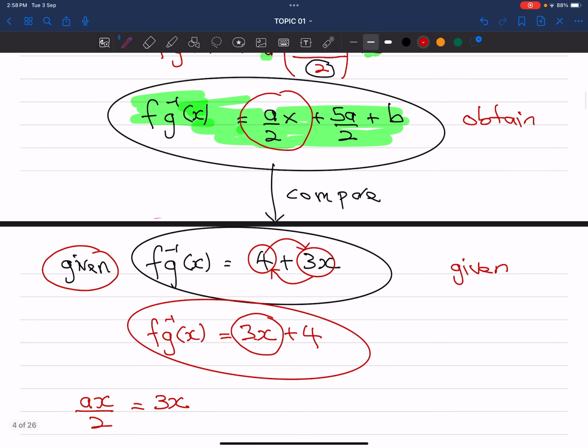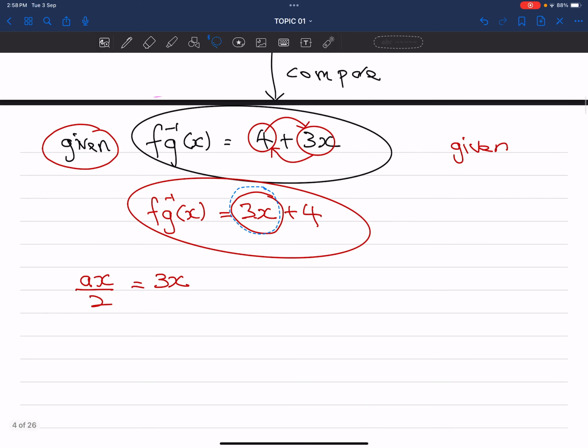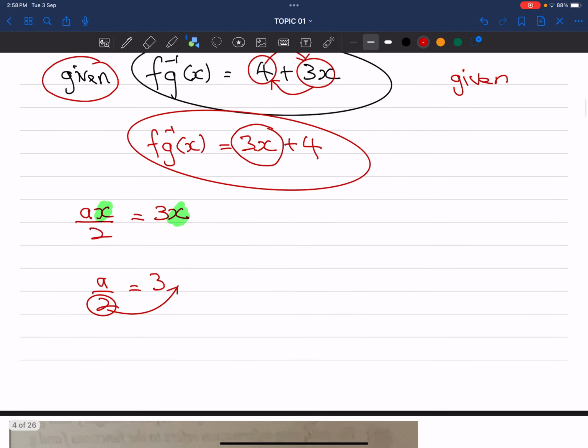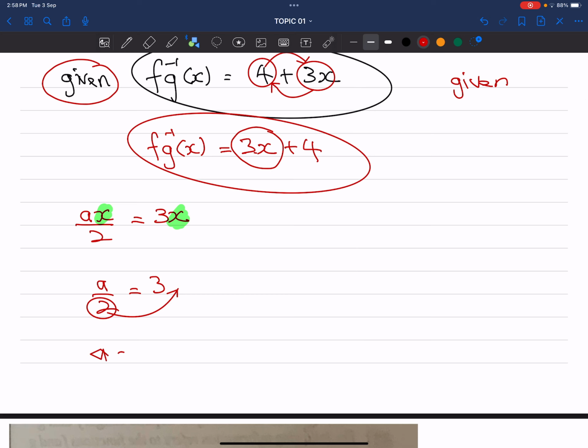I repeat, the first term involving x with the first term involving x. Therefore, the x and x can cancel. So I have a over 2 equals 3. Of course, we transfer: divide by 2 becomes times 2. So your a is 3 times 2, whereby a is 6. We got our first answer already.